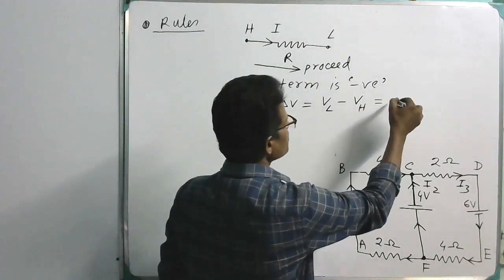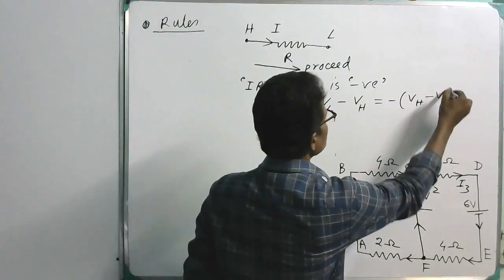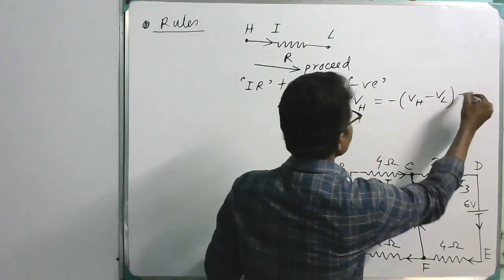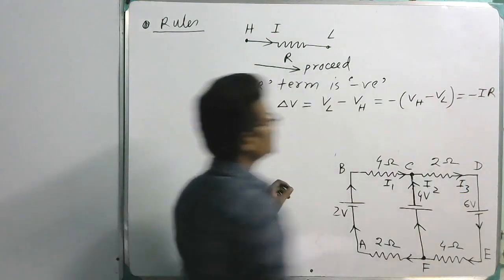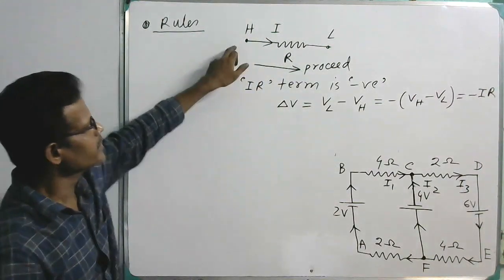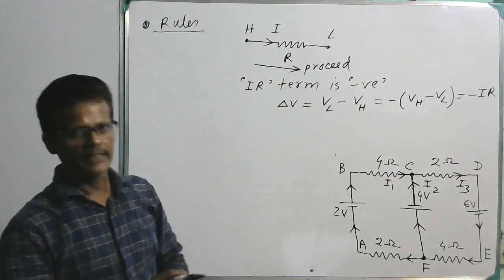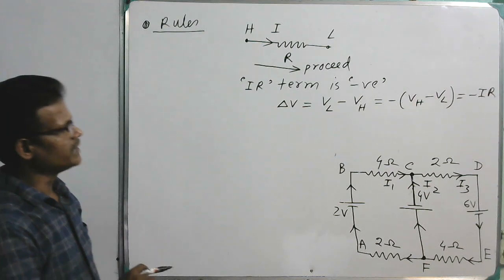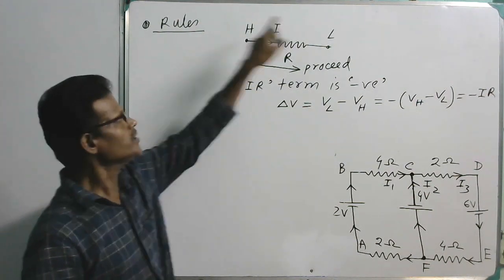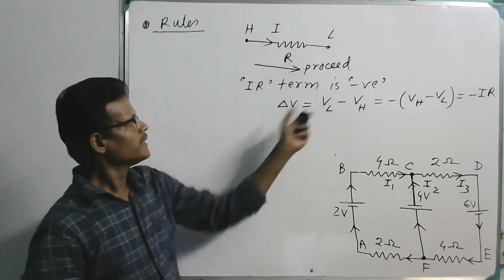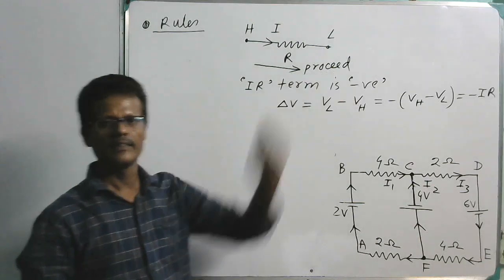So this is minus (VH minus VL), or simply minus IR as per Ohm's law, since VH minus VL equals IR. So when you proceed from higher potential to lower potential, this change in potential, or this IR term, is negative.